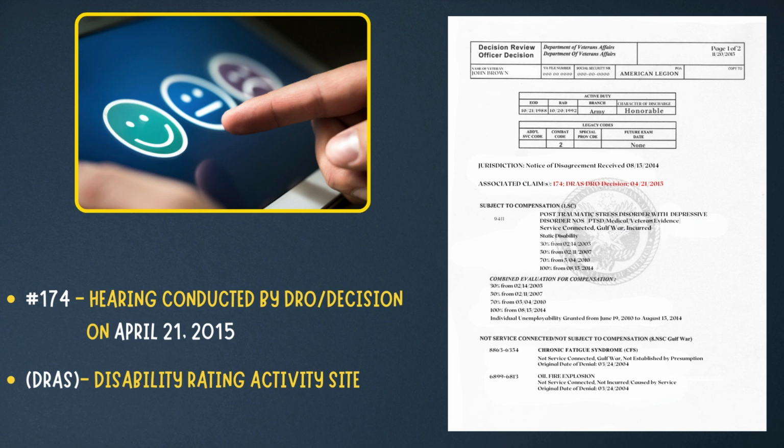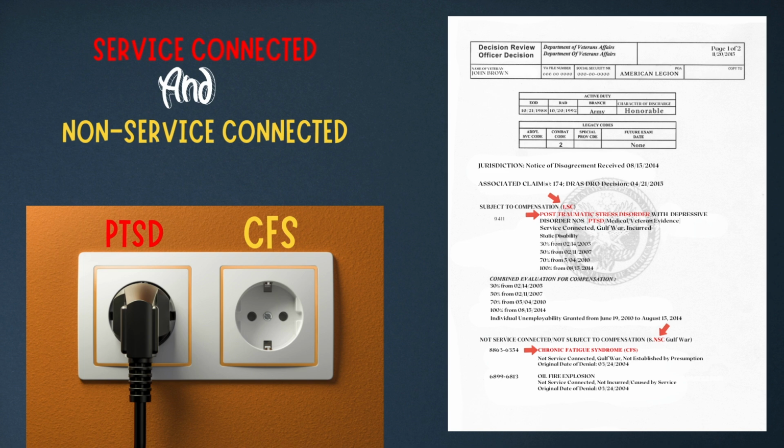The second code is in letters, DRAS, and it stands for Disability Rating Activity Site. The next section, Subject to Compensation, lists the conditions that a veteran is service-connected for, whether they are combat-related or non-combat related. In Mr. Brown's case, he's only service-connected for one condition, post-traumatic stress disorder.